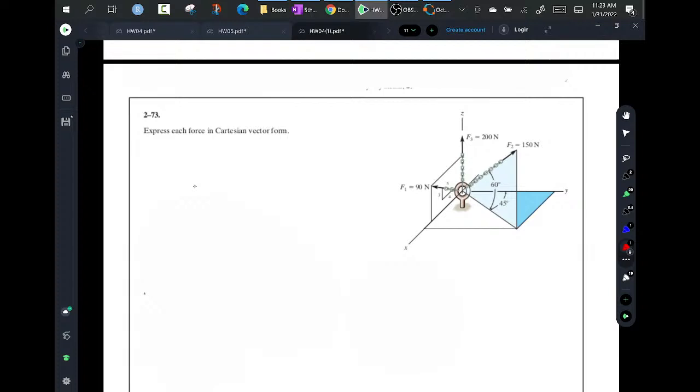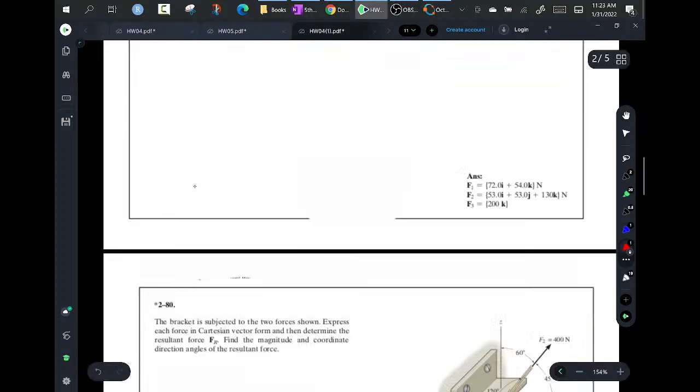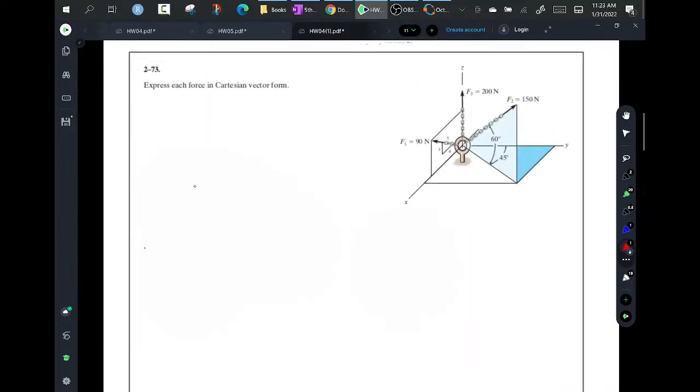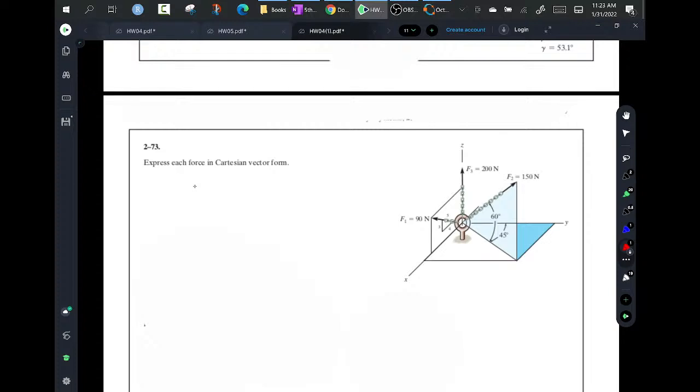Okay, that one's okay. Express each force. Is there another problem related to that? No, there is not. Okay, so this is a fairly simple one. You're just wanting to express everything as Cartesian.